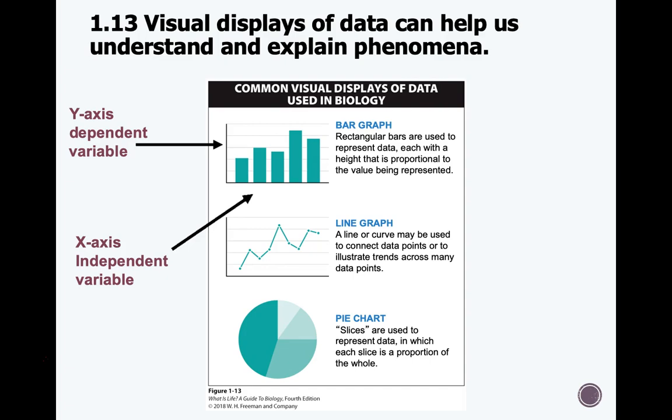So the x-axis might be echinacea treatment or no echinacea treatment. The y-axis might be duration of the cold, how many days the cold lasted. And once you straighten out the independent and the dependent variables, making the graph is the easy part. You just have to keep in mind which variable is the one that's changing.